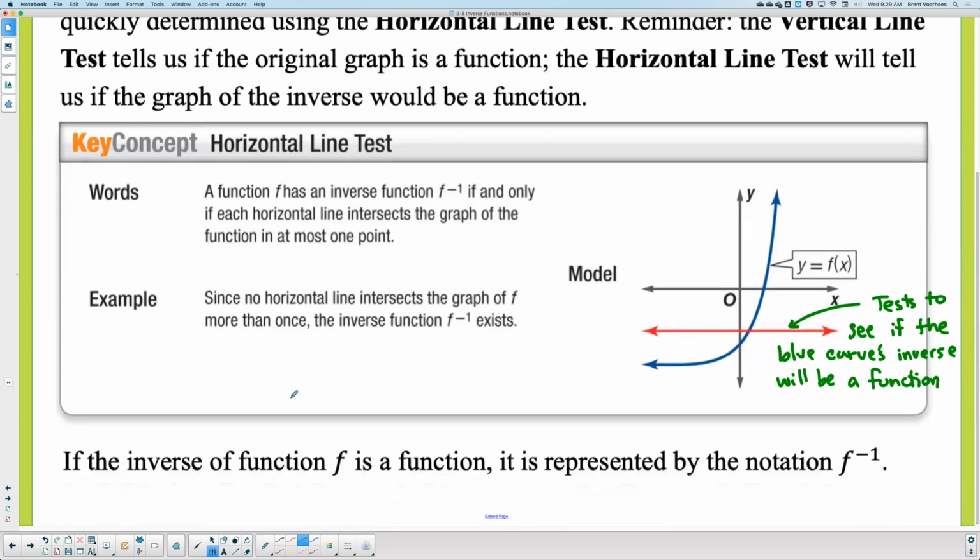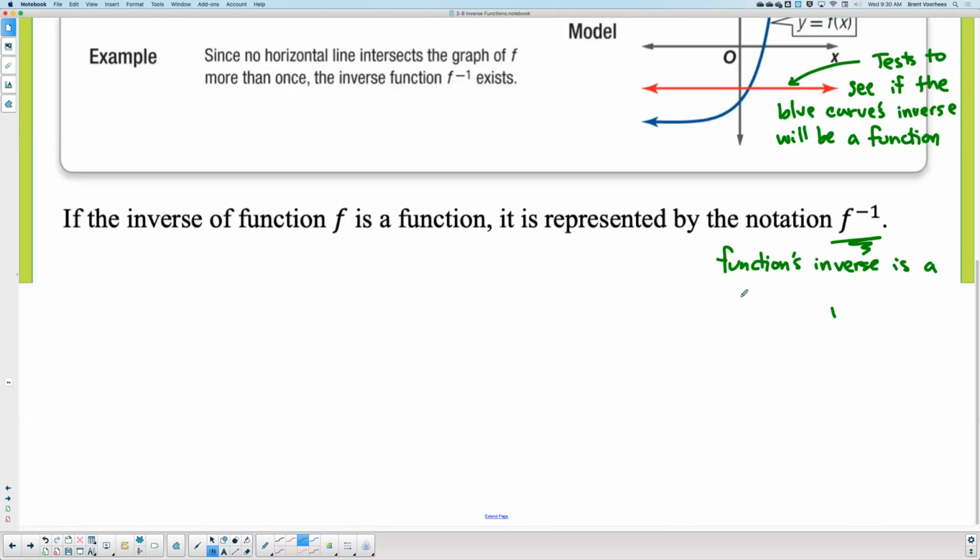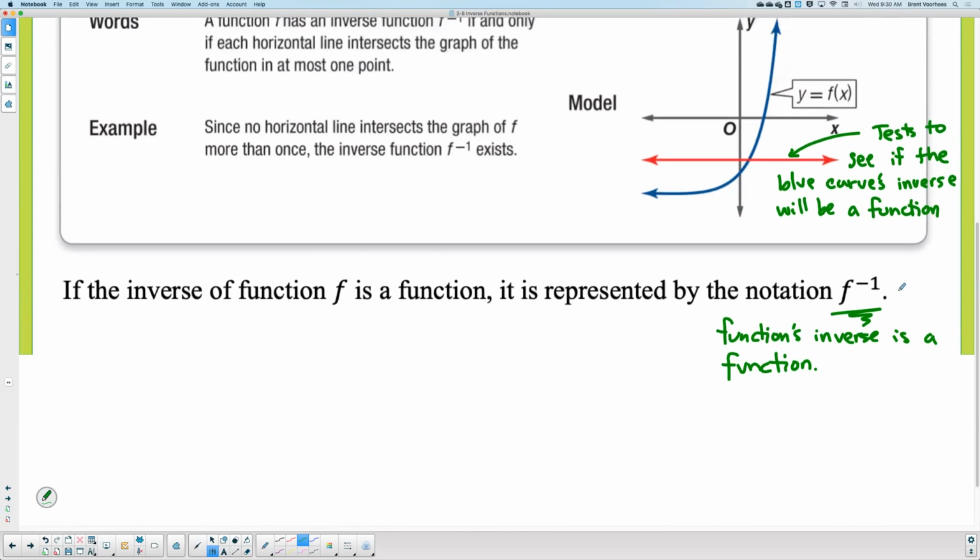So if it passes, you can use this notation, which means the function's inverse is a function. So if you use that f-1 notation, that means the inverse is a function. The original is f, and the inverse is represented by f-1, its inverse function. Okay, so there are some symbols that you'll see as we go.